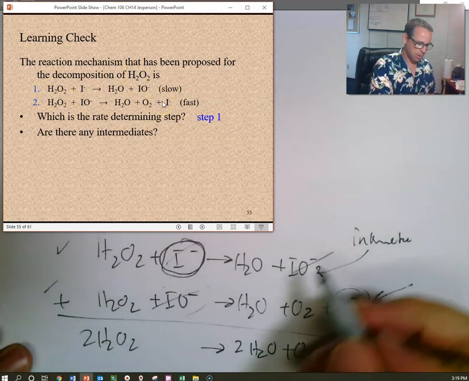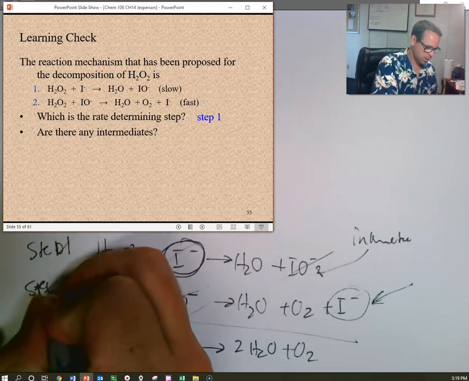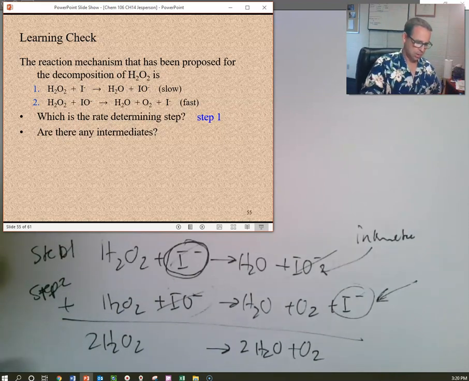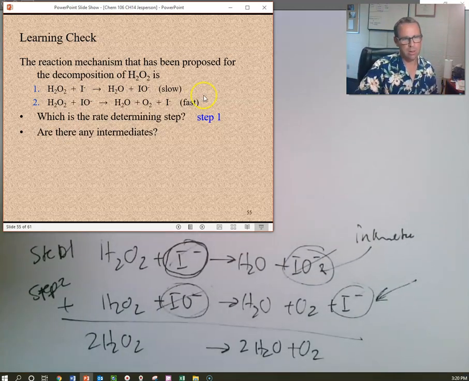So this is step 1, and this is step 2. Well, the answer isn't necessarily a step. It's some chemical species, right? The IO minus. That's right. The IO minus is our intermediate. And which one was the catalyst, Camille? The I minus. I minus is the catalyst.